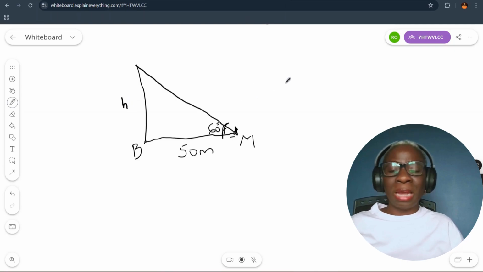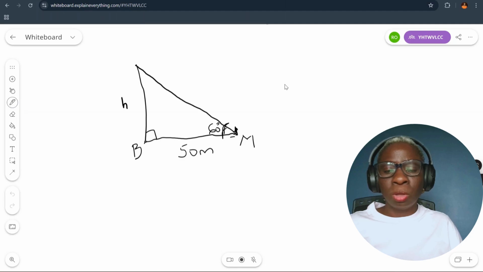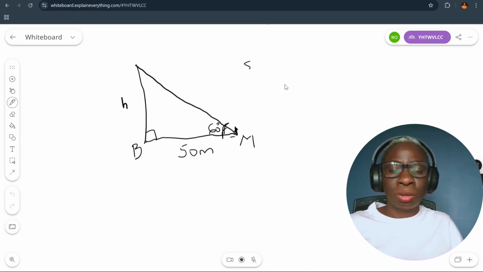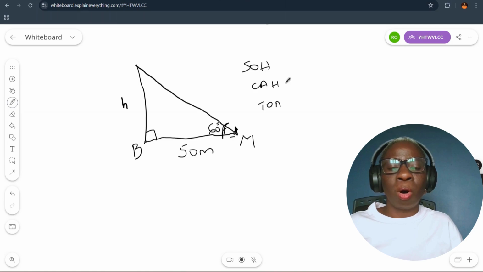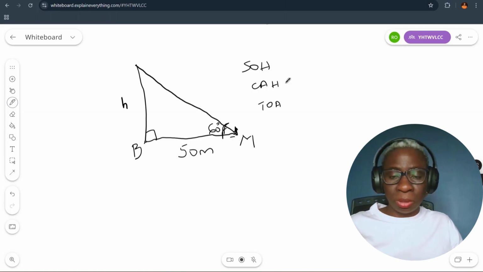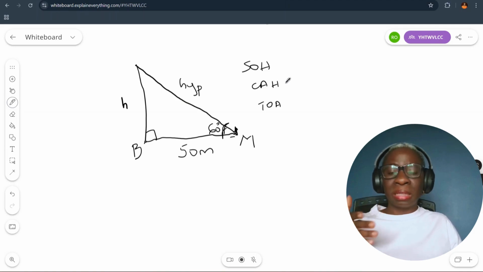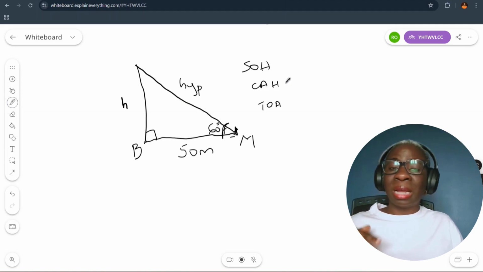This is a right angle triangle, so we are using SOH CAH TOA to solve this. Are we using sine, cos, or tangent? Let's identify it. This is the hypotenuse because it is the side facing the right angle, and the side facing the given angle is the opposite.